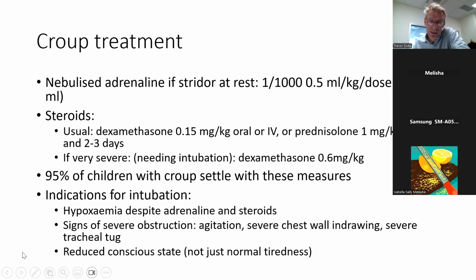The indications for intubation include signs of very severe croup, or severe croup that's not responding to adrenaline or steroids. If a child's got reduced conscious state for any reason, then they've got very severe croup, as long as it's not just their normal tiredness. These children often tire out after a while because they have trouble getting to sleep because their obstruction can be so severe.